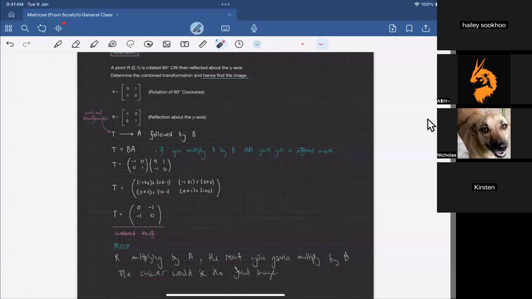So T is the combined transformation, R is the object. So TR is -1, -2, and we could agree that the combined transformation does the same thing as A, then B. Yeah, we understand that. Excellent. Would you rather do two sets of multiplication or just do the combined transformation? The combined one. Yeah, much easier.